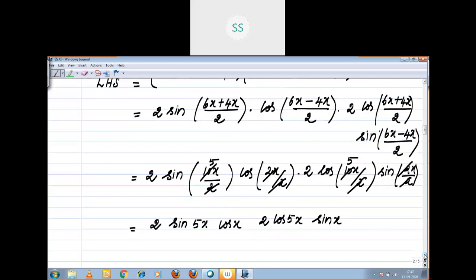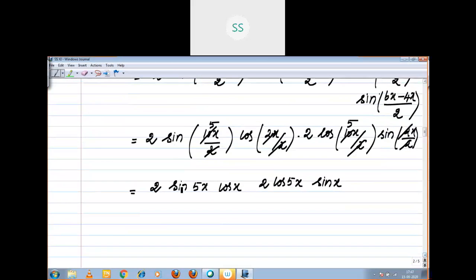Now you see, again I am going to apply the trigonometry identity, then only I can get the right hand side.